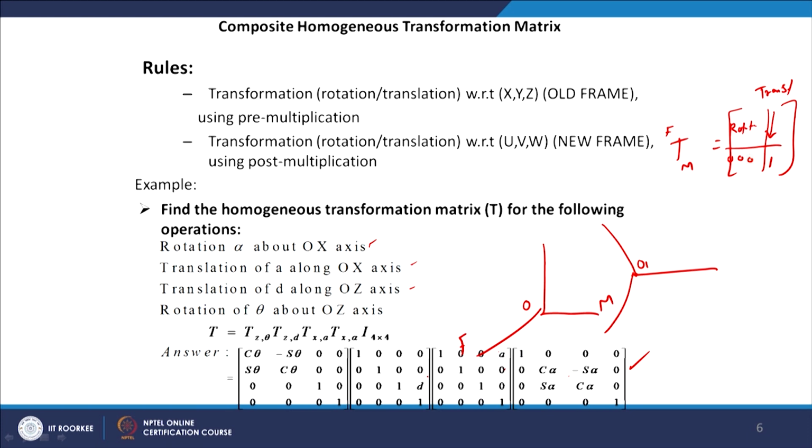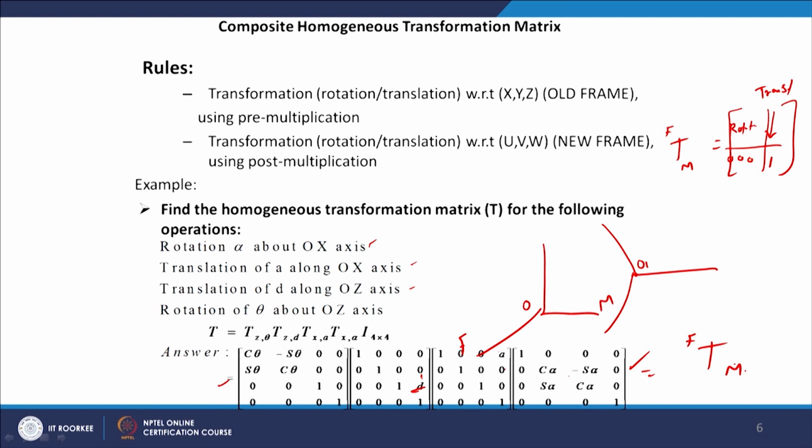So again we multiply on the left side, 0 0 d is the amount of translation we are performing. Then a rotation about the z axis is given by this matrix. So we multiply all these 4. After making these 4 types of motion, the relation between the old frame and the new frame is given by the product of these 4 matrices, that is FTM.